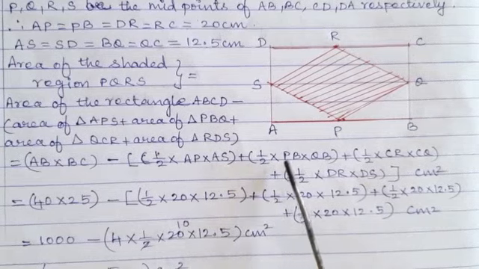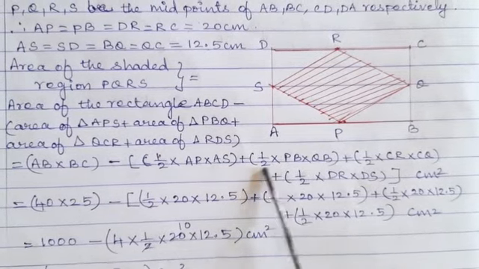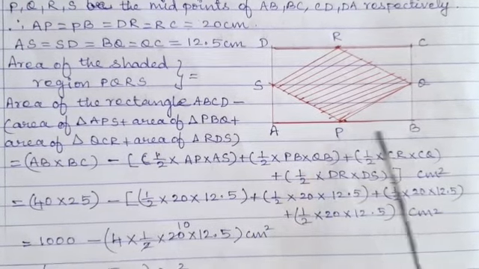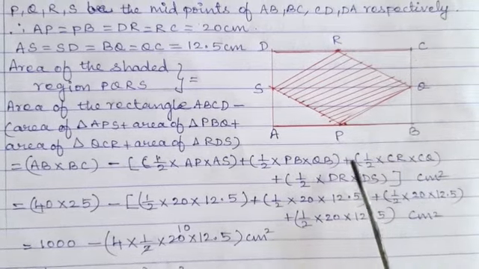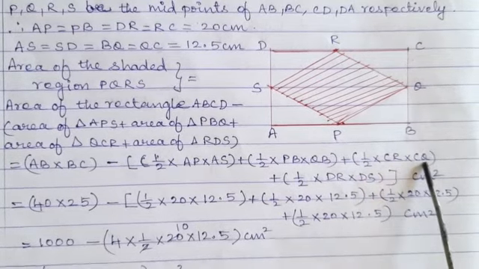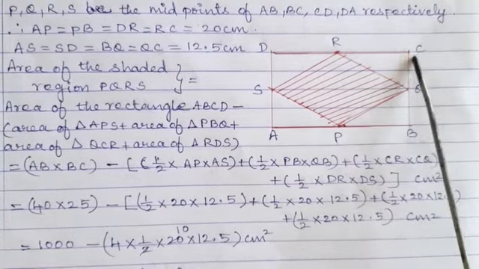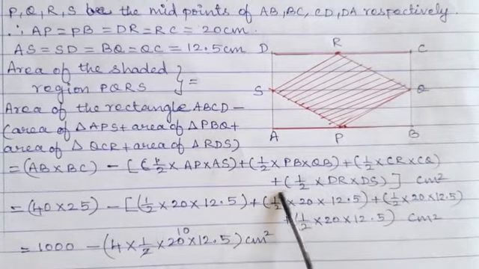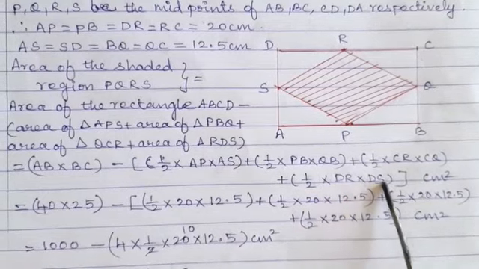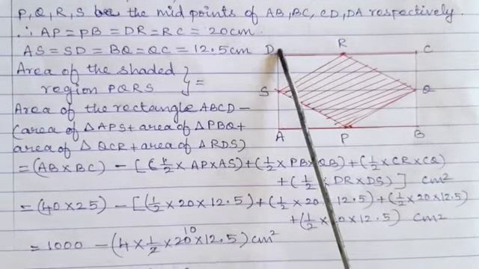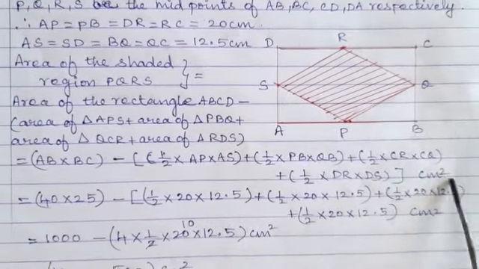In the same way, we will write for all 3 triangles, half into BP into QB, plus half into CR into CQ, CR is base and CQ is height. Then plus half into DR into DS, DR base, DS is height, centimeter square.